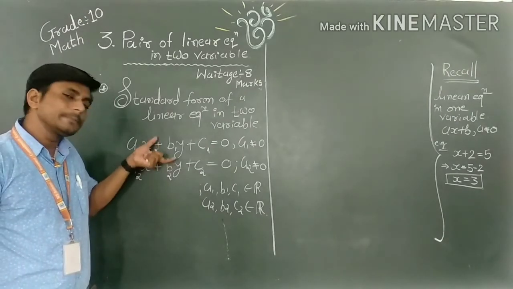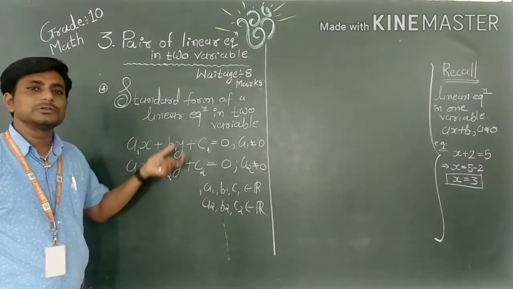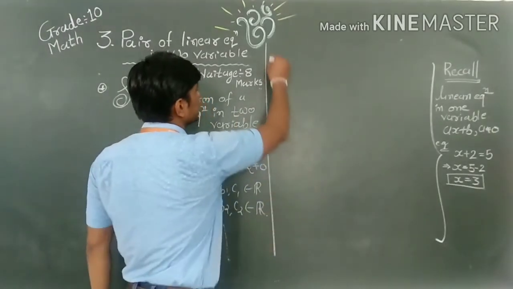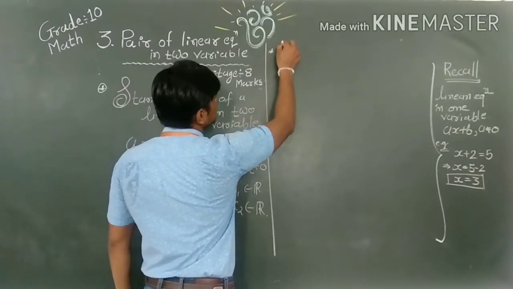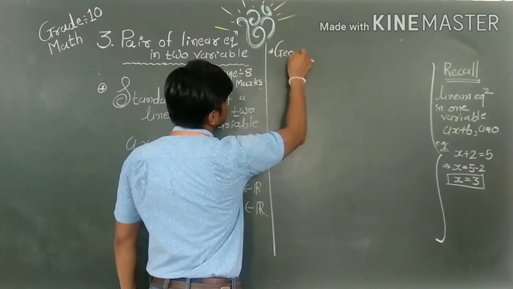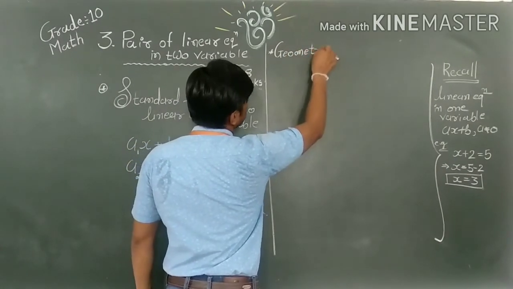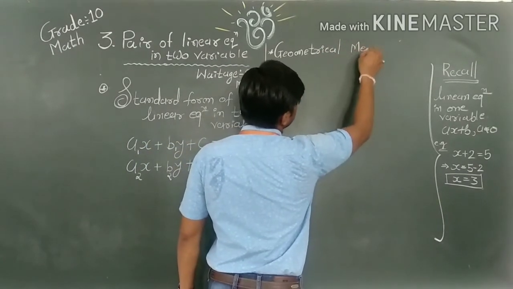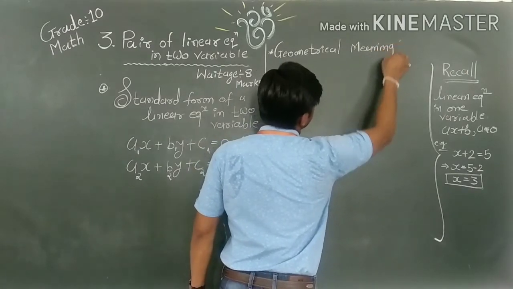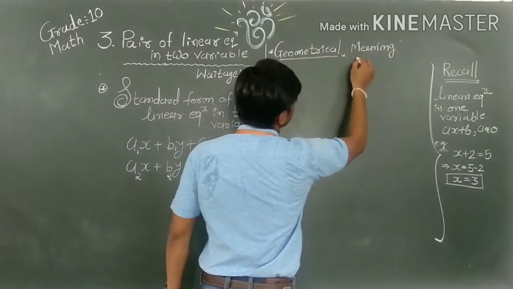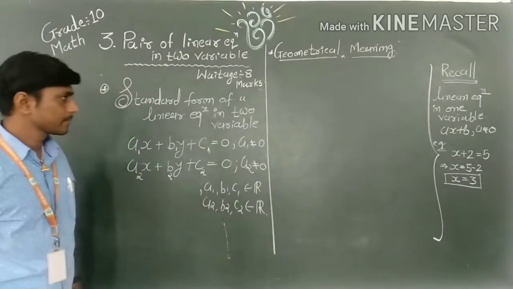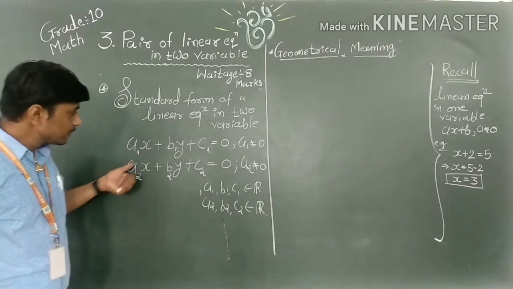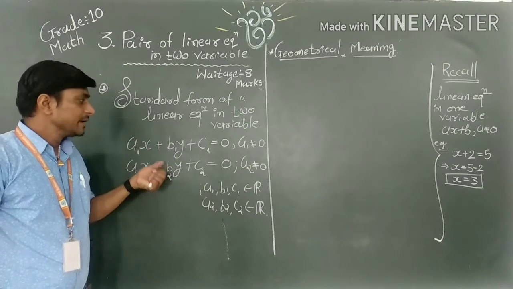The intersection of these two lines is said to be the solution of the given two equations. Now, the geometrical meaning.